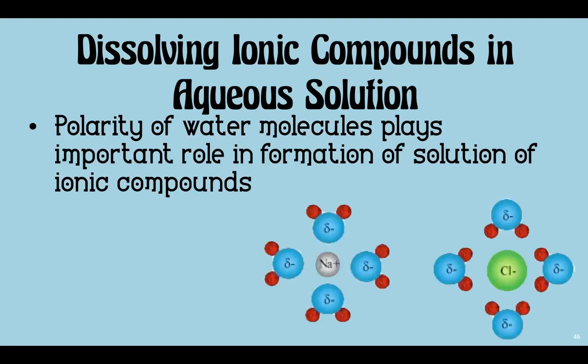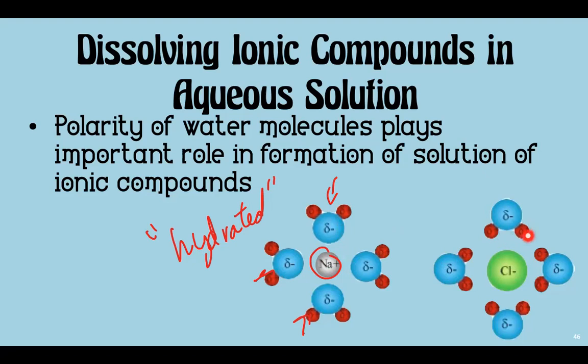Now, when that happens, the solute particles are called hydrated, because as you can see here, they are surrounded by water molecules. The negative end of the water molecule, which is the oxygen, is facing the positive sodium ion, and the opposite is true for the chloride ion.